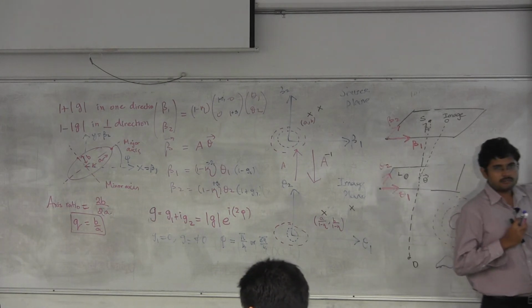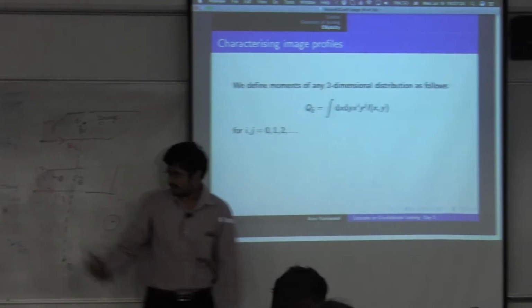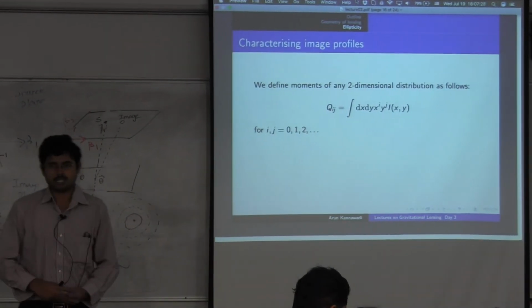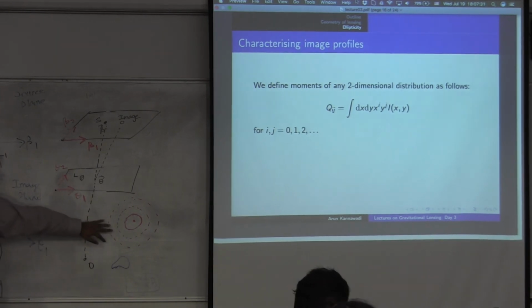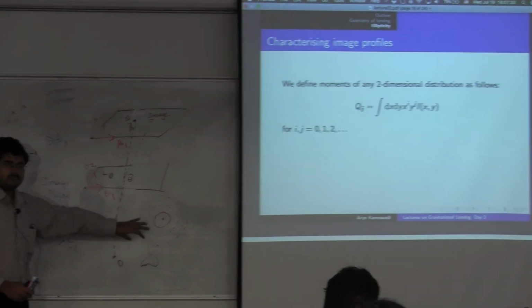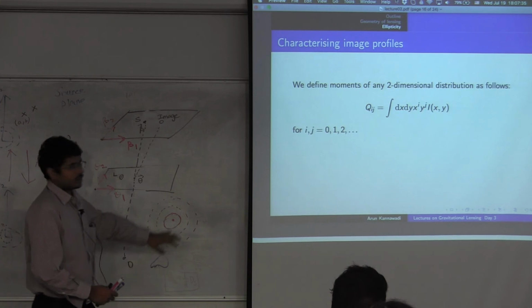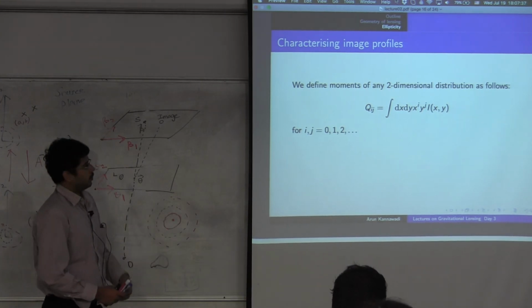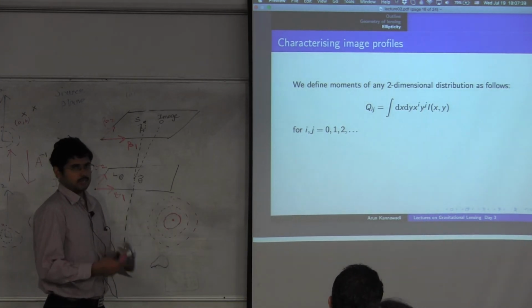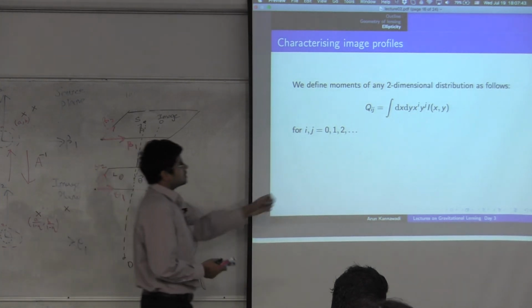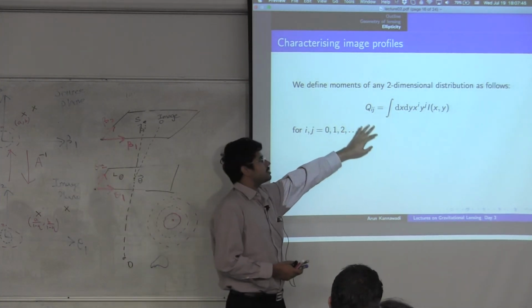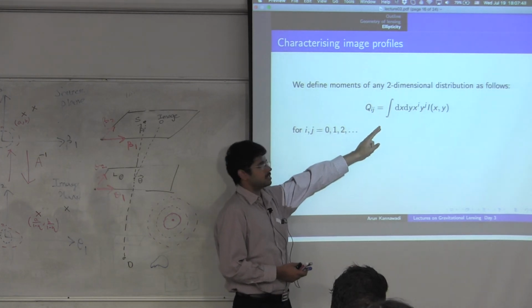This can be done for an image or for a mass distribution, and here in lensing we do this for images. So even though I may not be able to define an elliptical iso for every galaxy, I know the pixel values. I know what the brightness is at every x and y on the image. And then we construct what we call a moment matrix, defined in this way.